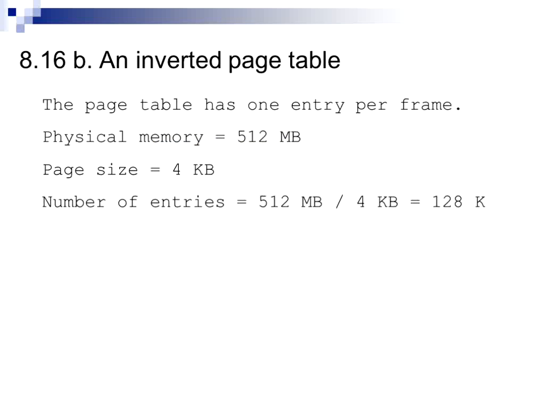Okay. Now the next thing was an inverted page table. With an inverted page table, what was important to realize is that the page table has one entry per frame. So we were told that physical memory is 512 megabytes. A page size is 4 kilobytes.